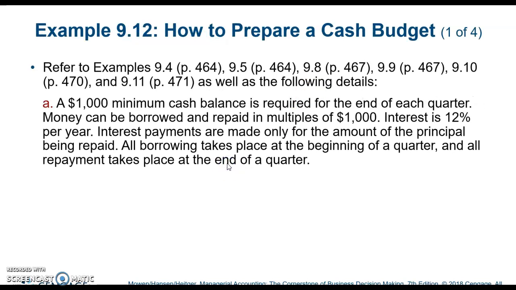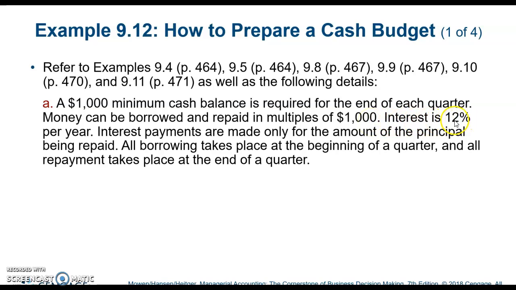Okay, so here we're going to actually make a cash budget. $1,000 minimum cash balance is required. That's the policy for TexRex at the end of each quarter. Money can be borrowed and repaid in multiples of $1,000.